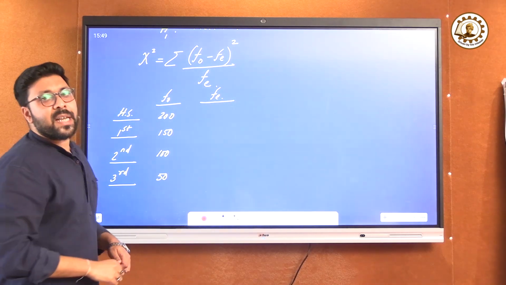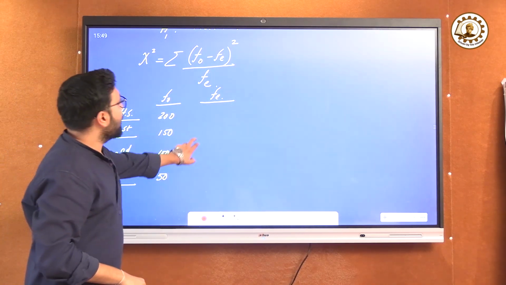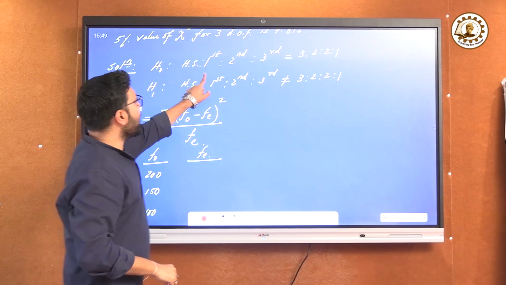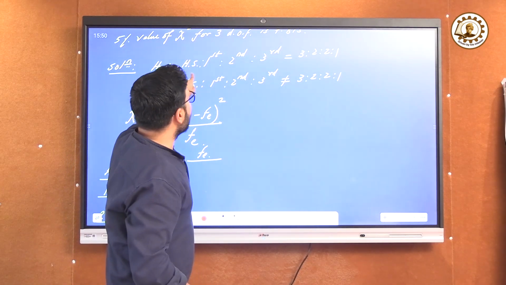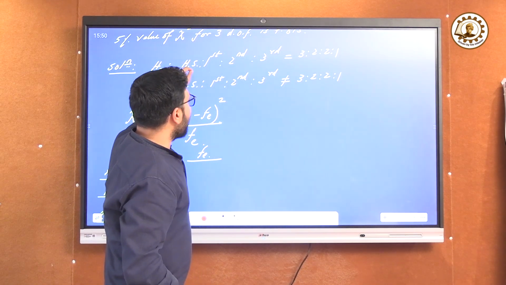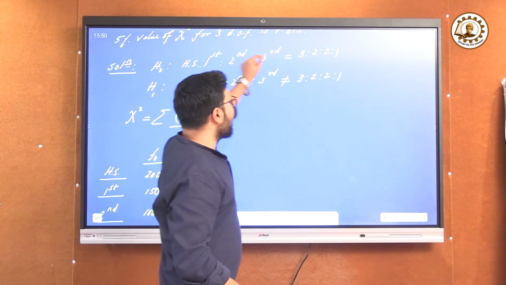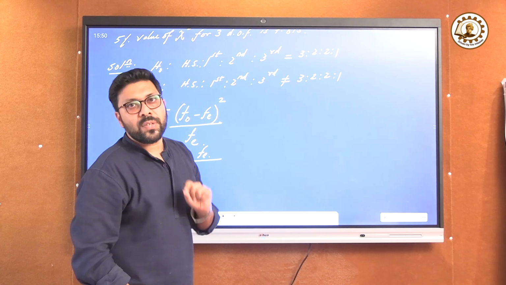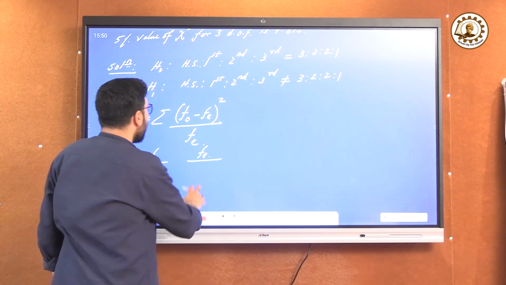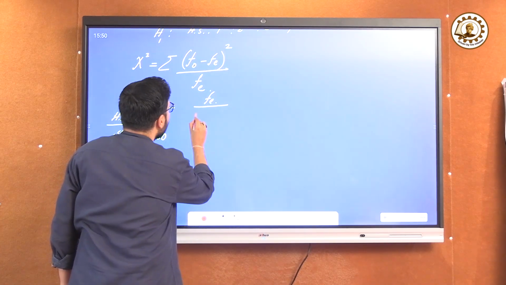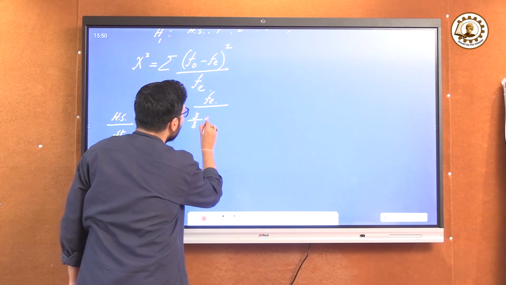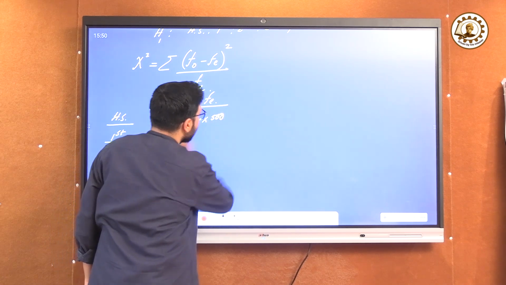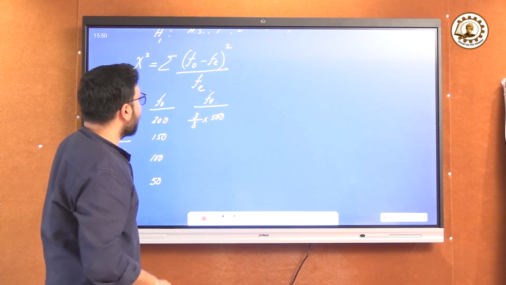Now how do we get the expected frequency here? You see the expectation here that the students who are studying in HS first year, second year and third year must be in the ratio 3:2:2:1. So I can simply write it in this way, 3/8 into the total number of students. That was 500 as per the question.